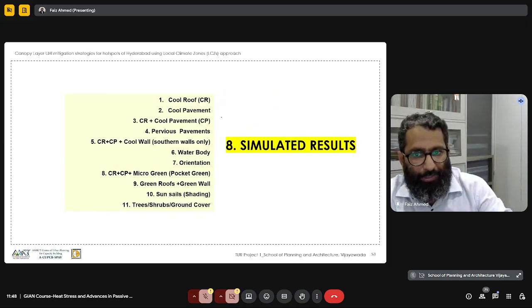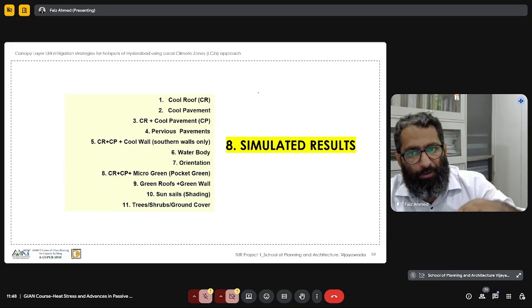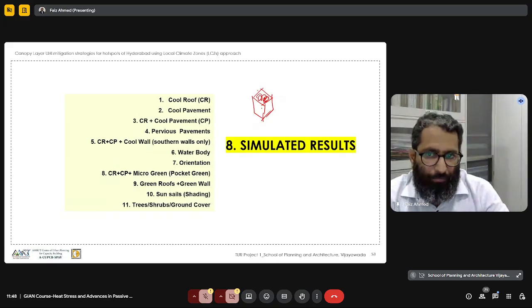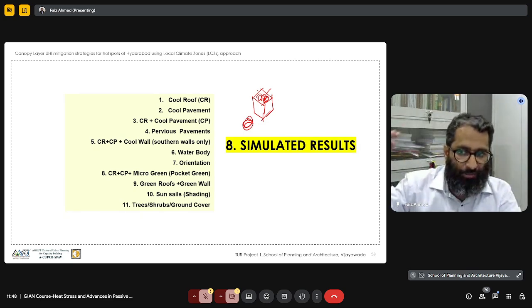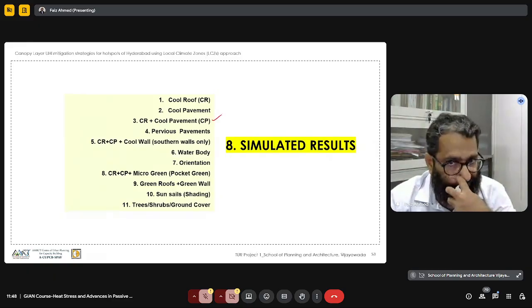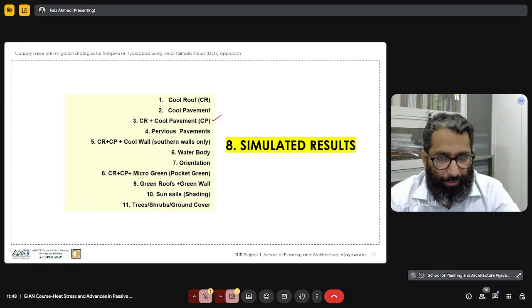Whereas the case of Hyderabad is mostly compact low-rise or compact mid-rise, where we can have a combination of both cool roof and cool pavement in low-rise areas. So we made a combination of strategies to check whether this can work.